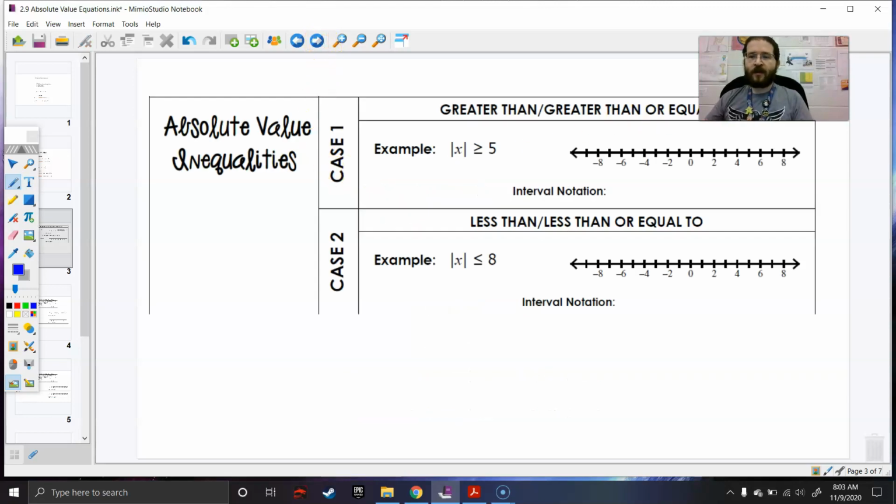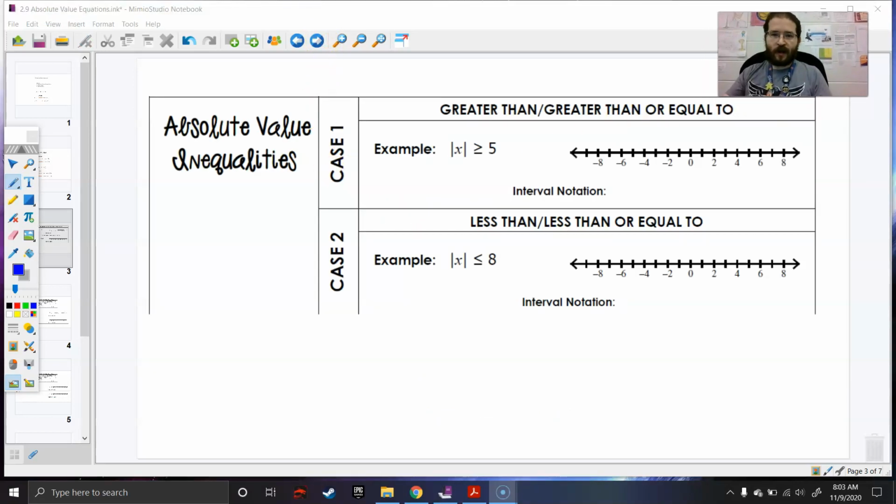All right, so a couple of examples to illustrate that. Our first case: we have the absolute value of x is greater than or equal to 5. First, x is going to be greater than or equal to 5 for our first term, because remember, with absolute values we have to take the positive version and the negative version too.